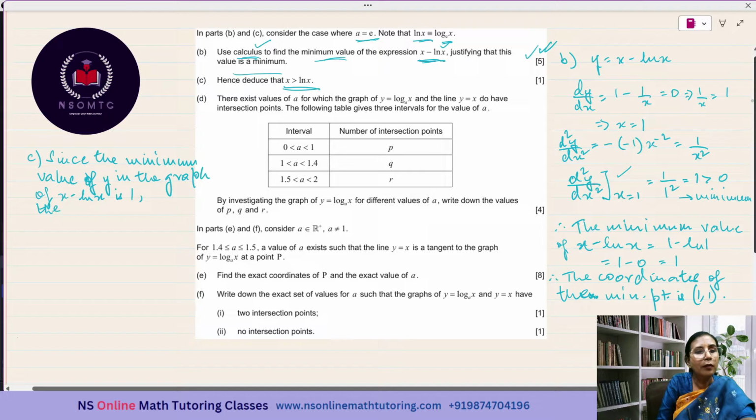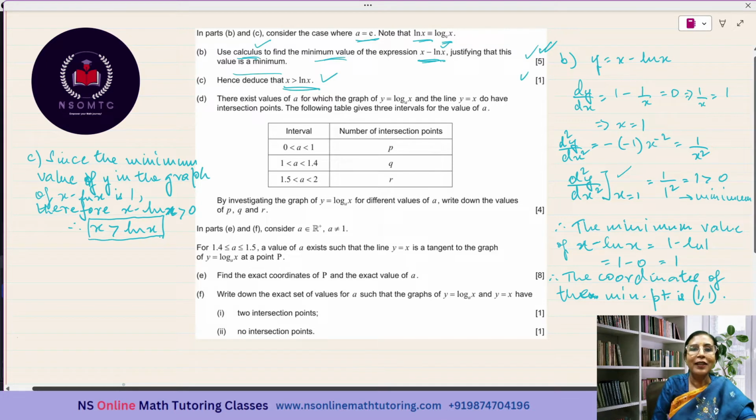Therefore, x minus ln of x is of course greater than or equal to 1, but I need the 0, so I can write greater than 0. x minus ln of x is greater than or equal to 1, but since I have to prove this, I am taking x minus ln of x is greater than 0. So therefore, x is greater than ln of x. So this is deduced.